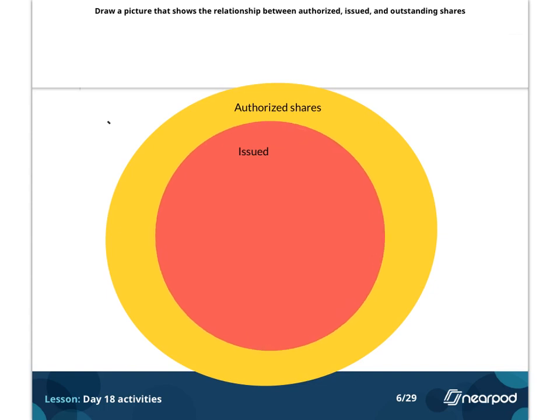All right, the last category of shares that I wanted you to think about is the outstanding shares. As you can tell from my picture, they're a subset of the issued shares, and they are always equal to or less than the issued shares.